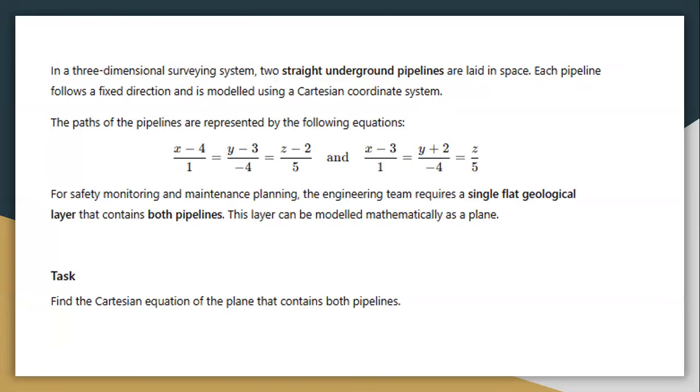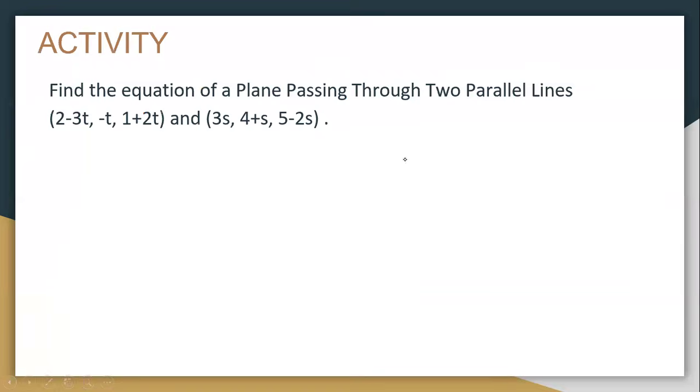Teacher, on the second approach, do you use any point to find the equation? Yes, any point you use, you get the answer. But I've been getting wrong things. Which point did you use? I used the AB.